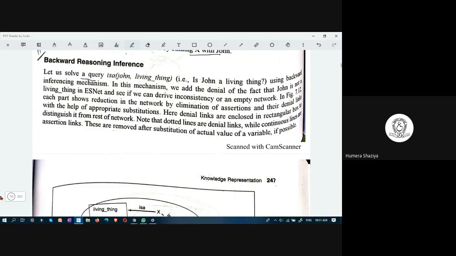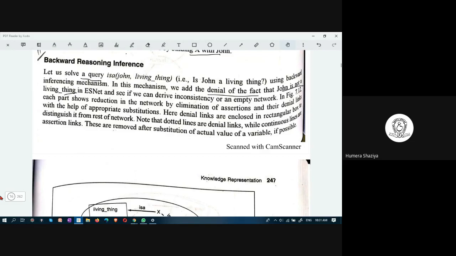This is a query. To prove whether this query is true, using the backward inferencing mechanism, what do we have to do? The first step is to add a denial of the fact, that John is not a living thing. We prove by contradiction.